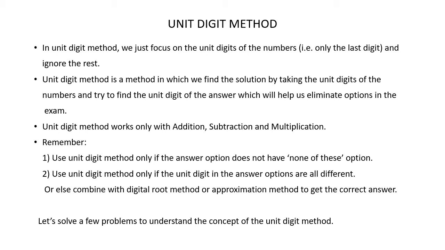Supposing among the answer options there are two answer options which have the same unit digit, then you have to use digital root method or approximation method to get the correct answer. Let's solve a few problems to understand the concept of unit digit method for solving simplification problems.